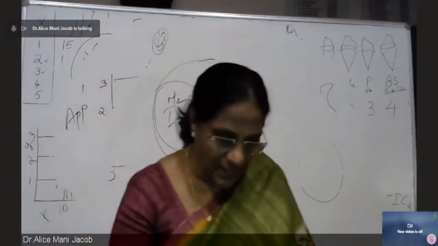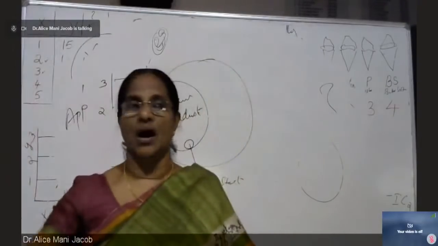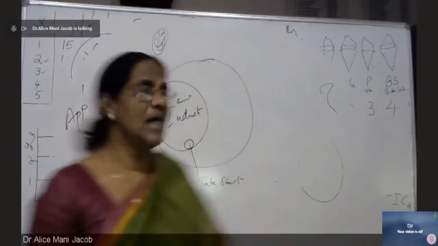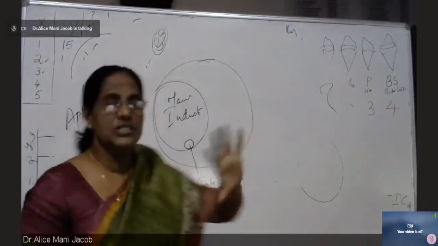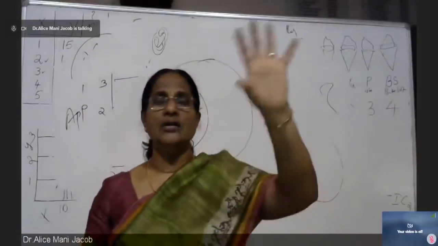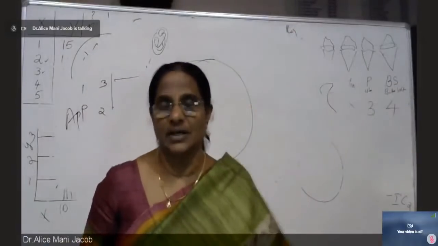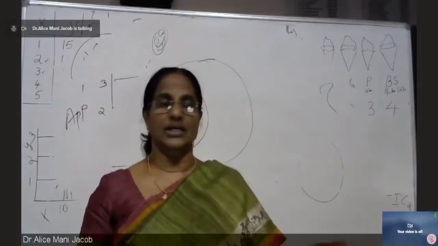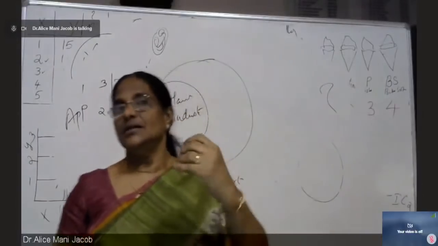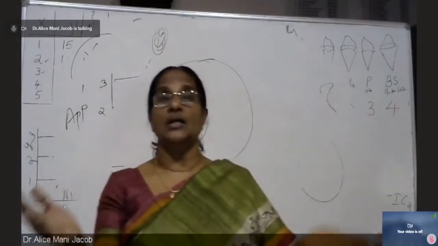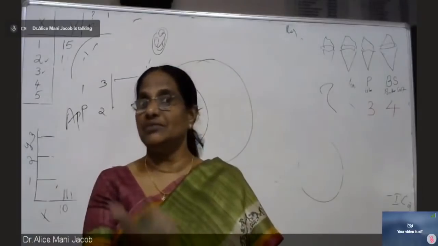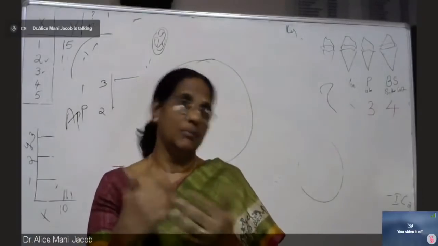The next one is industry demand. For example, demand for steel, demand for cement, demand for computers, right? This total demand is industry demand. We have done it earlier, you remember, our market demand.